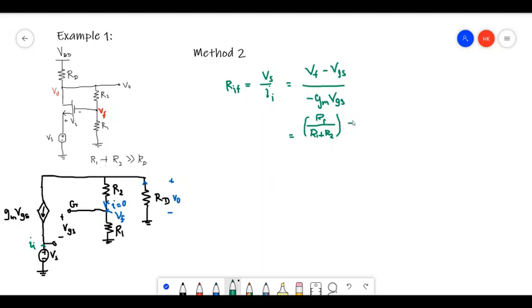So this is minus GmVGS times RD, and this is minus VGS, and the denominator is minus GmVGS. So we can cancel out minus VGS in both the numerator and denominator.